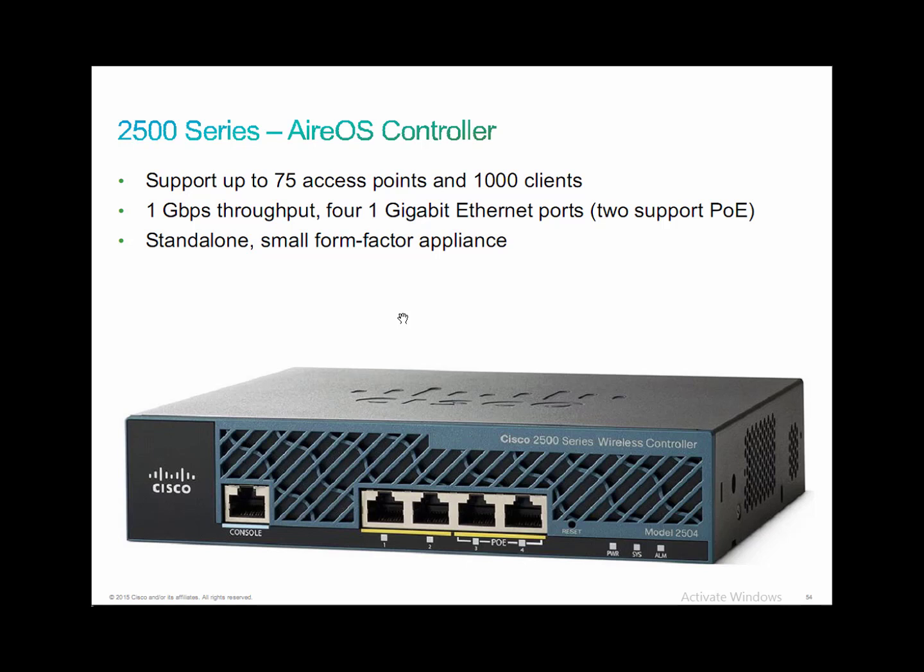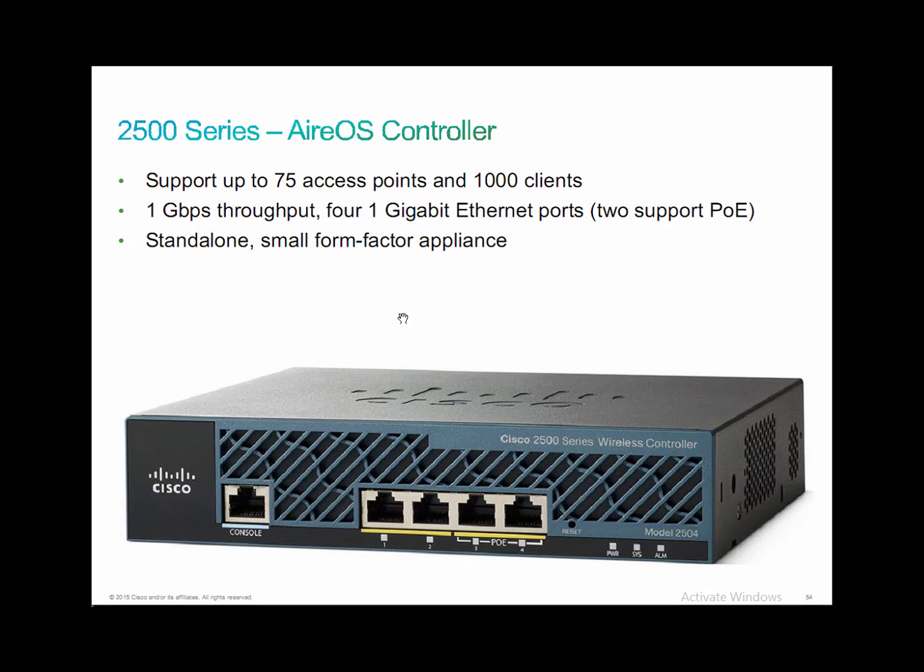Up to 75 access points, up to 1,000 clients. It has 4 1 gig Ethernet ports. 2 of them provide PoE, as you can see on the diagram. Wired network speed, non-blocking performance for 802.11n and 802.11ac. You do have to do some link aggregation. Supports up to 1 gig of throughput.